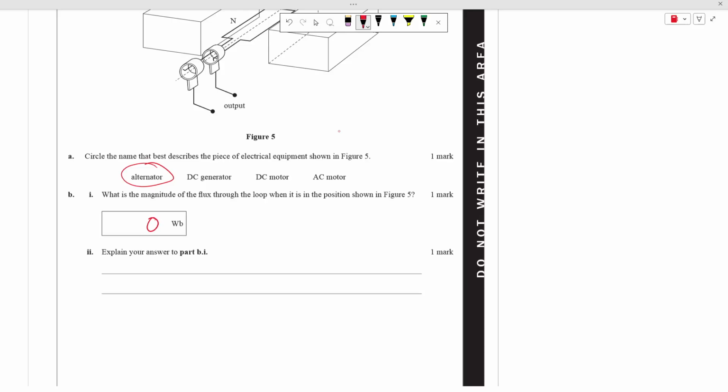You just say no magnetic field passes through the loop, or the loop's area. I think that's okay. Or you could just say it's parallel to the magnetic field or something like that.